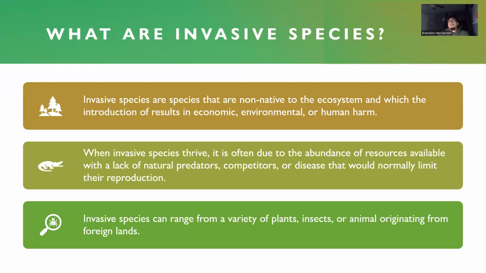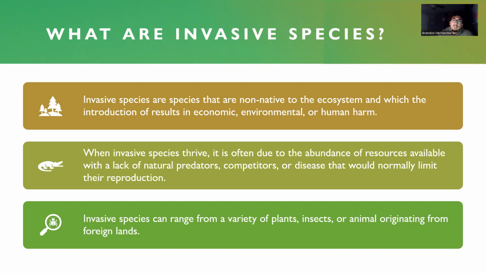So what are invasive species? Invasive species are species that are non-native to the ecosystem, in which the introduction results in economic, environmental, or human harm. Essentially, they're species that come from foreign lands, and when they're introduced, they can cause economic harm, whether through damage of agriculture, different goods, or infrastructure.